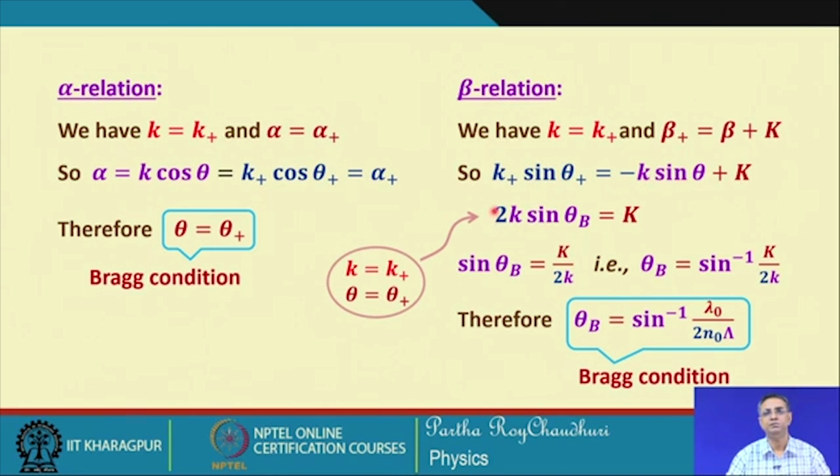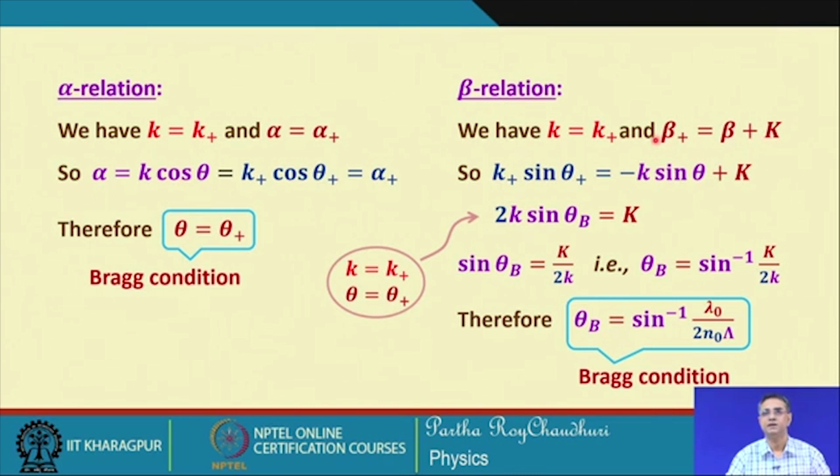If you bring them to the left hand side, theta plus and theta will be the same under the Bragg condition, and we will call this theta equal to theta plus equal to theta b, which is the Bragg angle. Therefore, twice k sin theta b is equal to capital K.